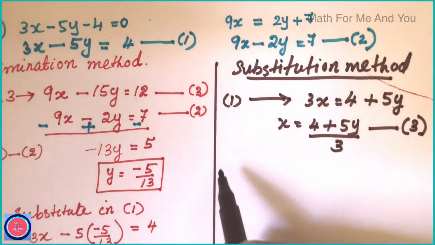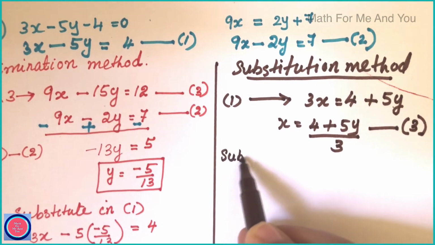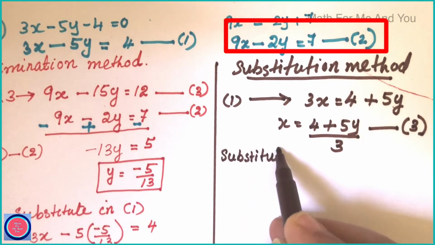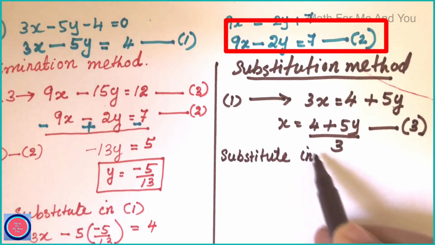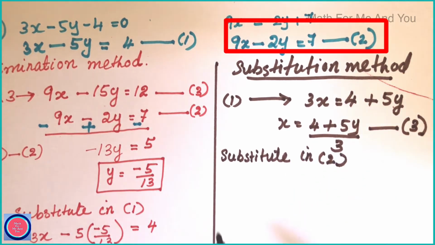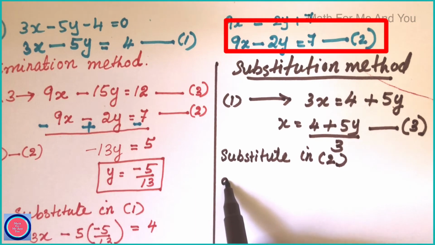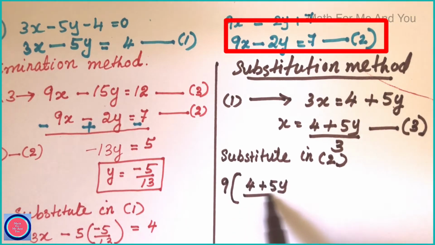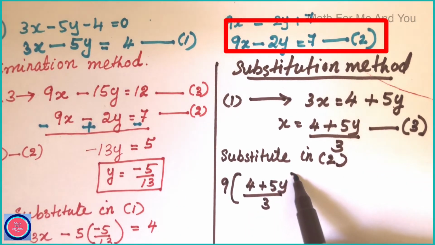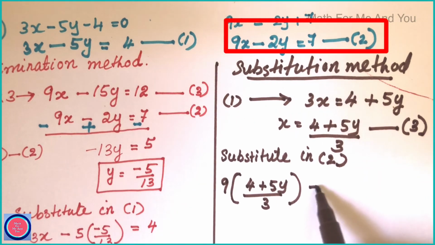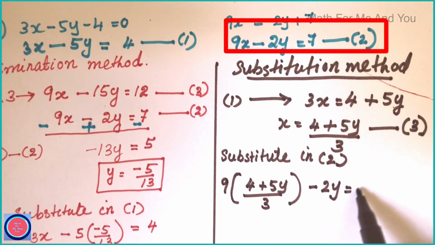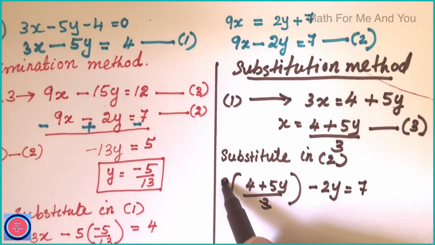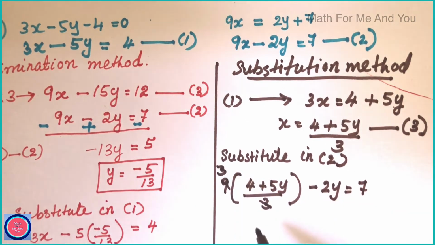Substitute equation 3, that is the new value of x, in the second equation, because in the substitution method we started with equation number 1, so we have to substitute in equation number 2. Equation number 2 becomes, in place of x we put the new x value: 9 times 4 plus 5y over 3, then minus 2y we write the same, equal to 7 also the same. 9 and 3 we can cancel, then we get 3 in the numerator.